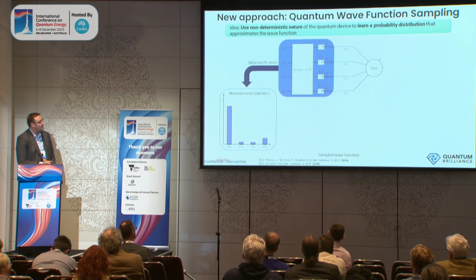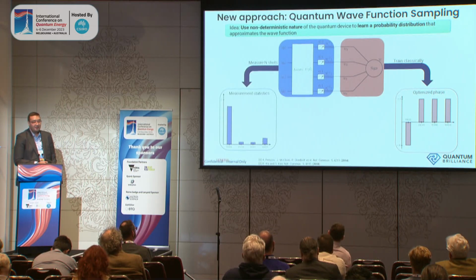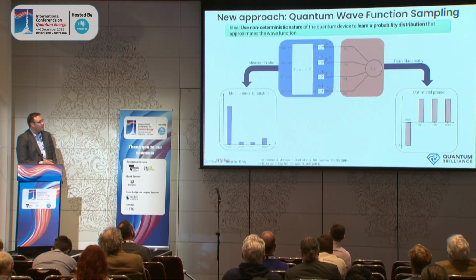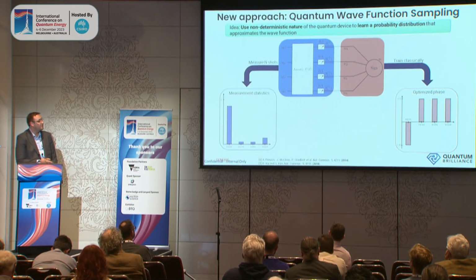And therefore, we need that second component here, which you can train completely classically, right? It doesn't increase your quantum resources because it just requires the measurement outcomes, which can be trained to find an optimal phase value, so just plus or minus 1 for each of the bit strings, by training these weight parameters here and the bias parameter here.